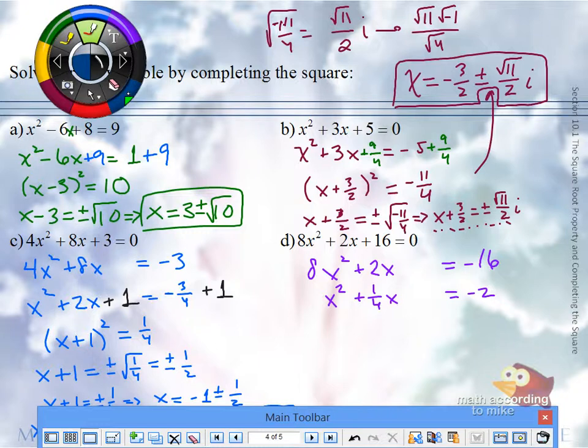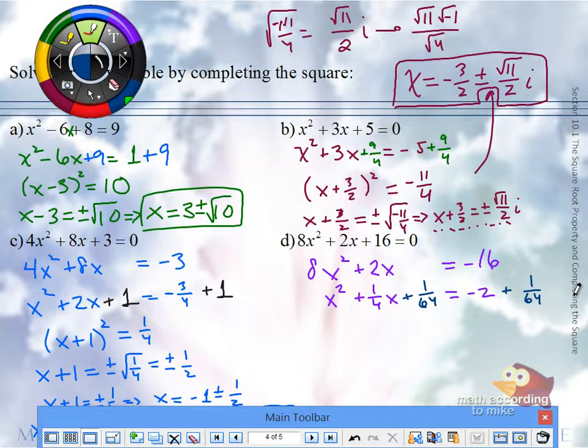Half of 1/4 is 1/8. 1/8 squared is 1/8 times 1/8, which is 1/64.